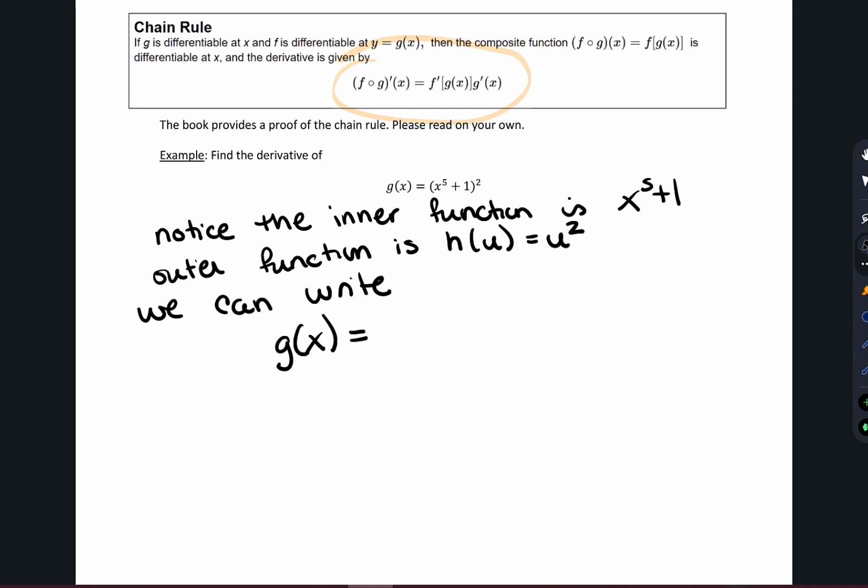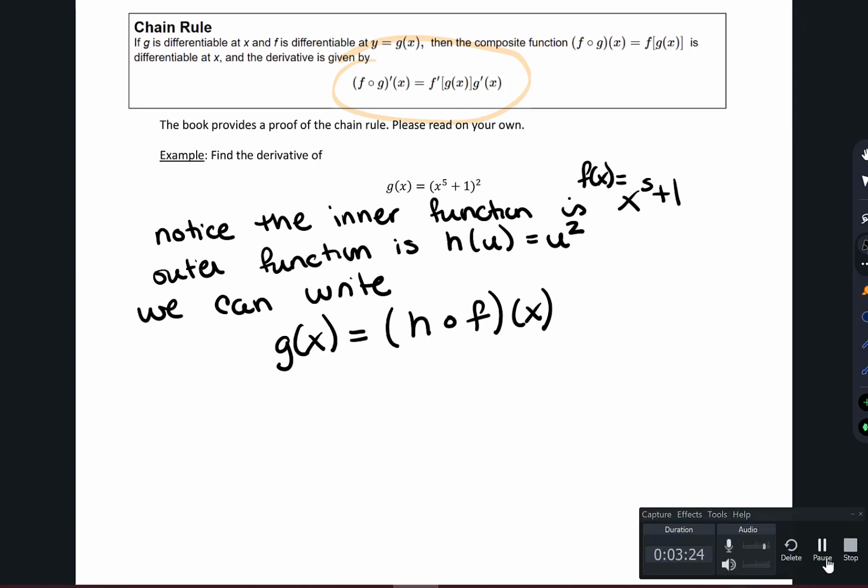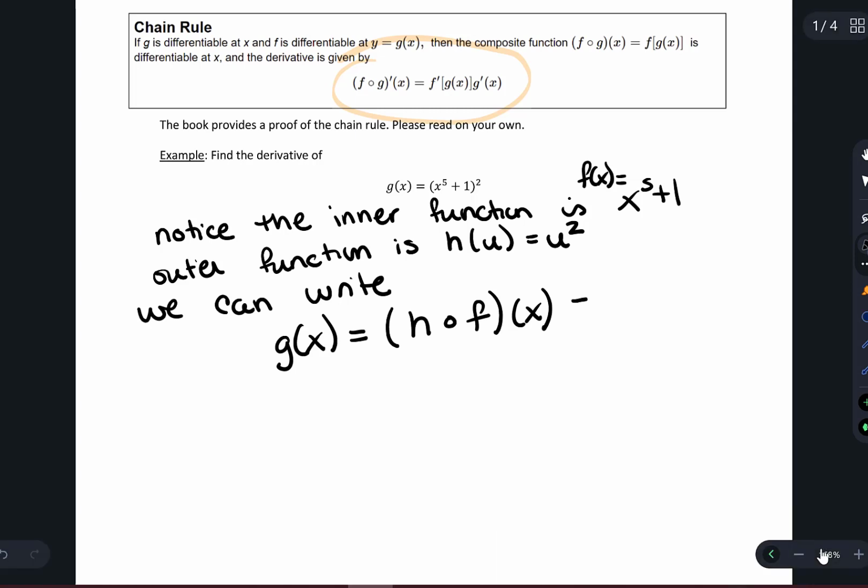In order to write this as a composition, I'm going to say that f of x is equal to x to the fifth plus 1, and then we can write g of x is equal to h of f evaluated at x. Further, we could have also written this as h evaluated at f of x.